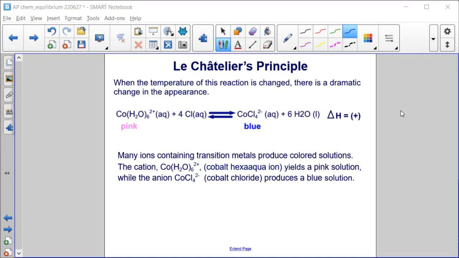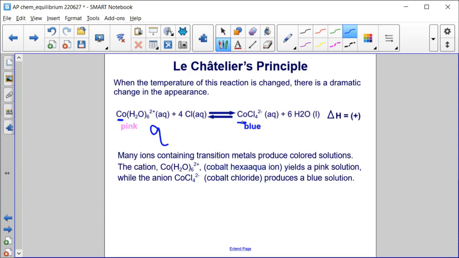Here's another example that we can see just by changing the temperature. When the temperature of this reaction is changed, there is a dramatic change in appearance. So you can see delta H is positive here. That means the reaction is endothermic, and that would mean that heat is a reactant. Many ions containing transition metals, in this case the transition metal is cobalt, produce colored solutions.